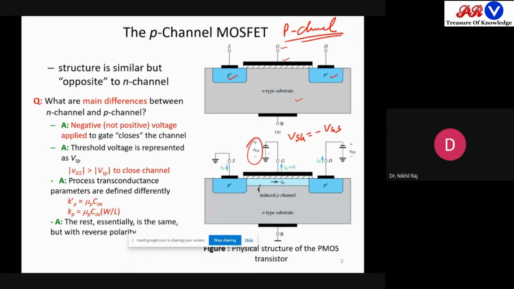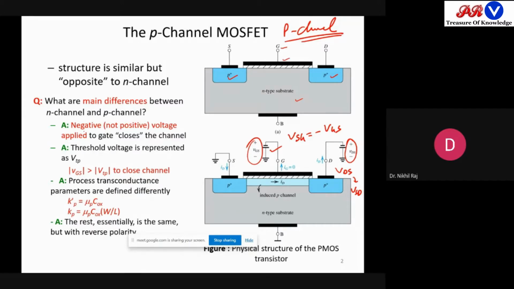So that will play a real negative voltage. Similarly, in NMOS we were looking at VDS, so for PMOS we will look at VSD, which is nothing but minus of VDS, and then the same principle applies for the working. The flow of holes is there and then the flow of current starts.